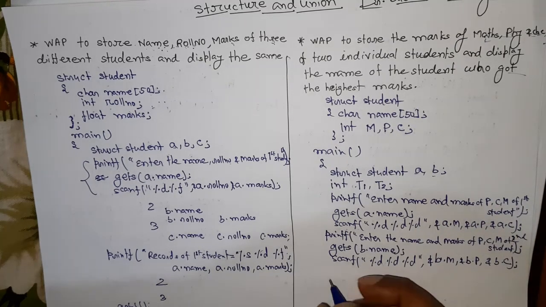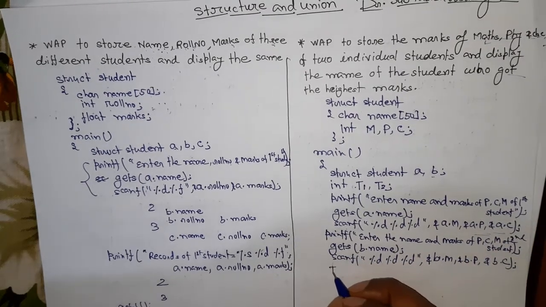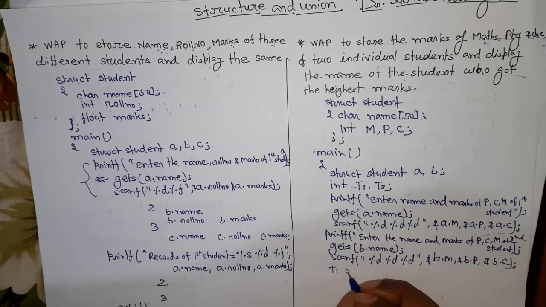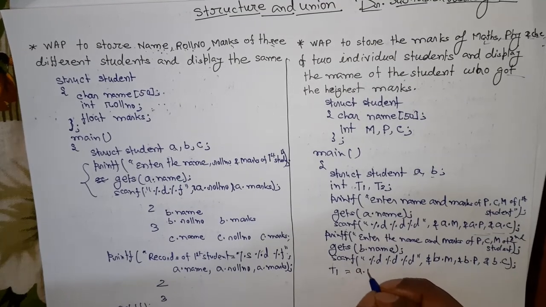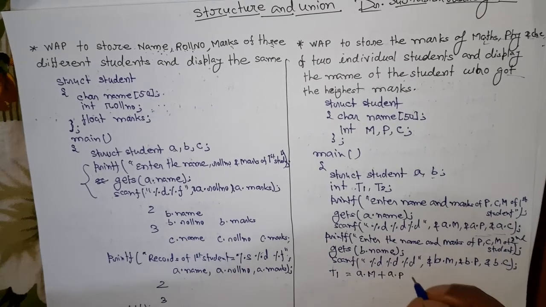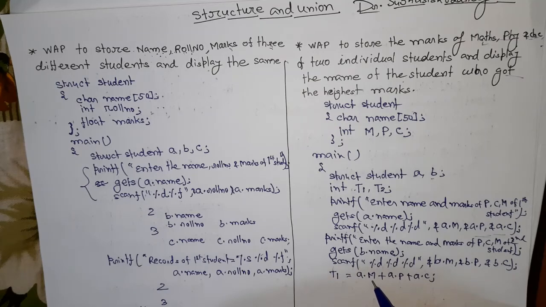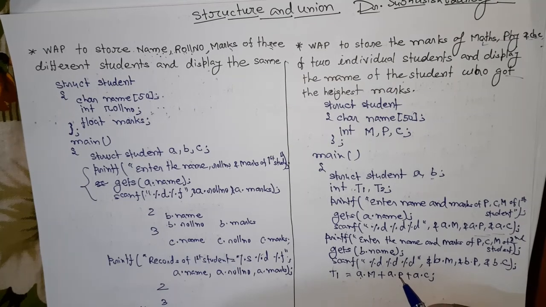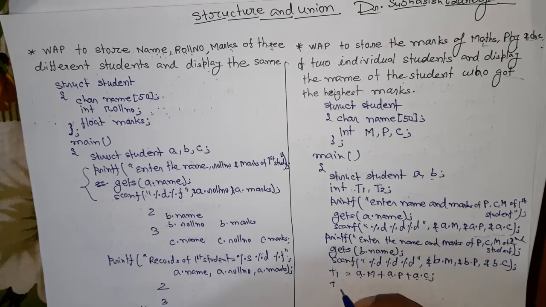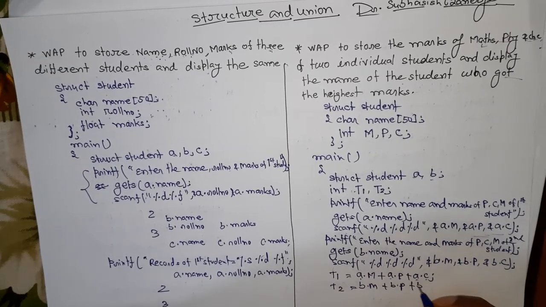For finding the sum of all the marks, we are going to use the two variables: T1, which is nothing but the sum of the marks of the first student, so a dot m plus a dot p plus a dot c. So it is the marks of mathematics, physics, and chemistry for the first student. So it will be the sum of all. Similarly, for T2, it would be b dot m plus b dot p plus b dot c.